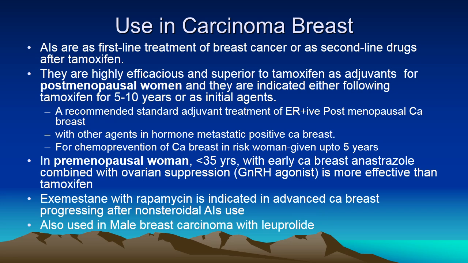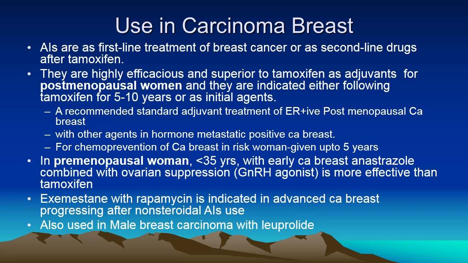A recommended standard adjuvant treatment of ER positive disease is an AI, letrozole or exemestane or anastrozole, with other agents. Hormone positive metastatic carcinoma breast is another indication, and they have also been recommended as chemoprevention of carcinoma breast in high risk females, given for up to 5 years.